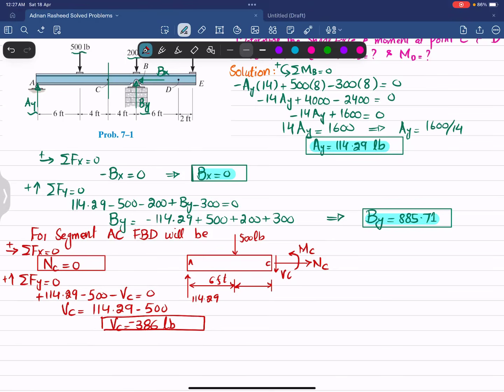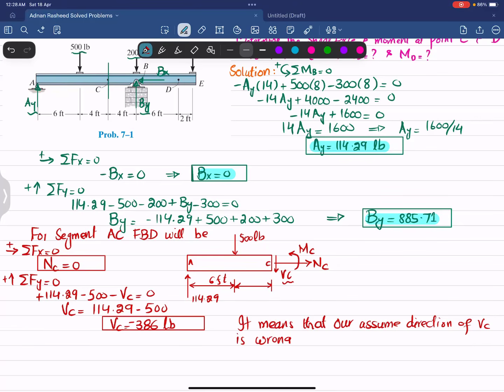Since this VC shear force is negative, it means that our assumed direction of VC, which we have taken here as downward, is wrong.